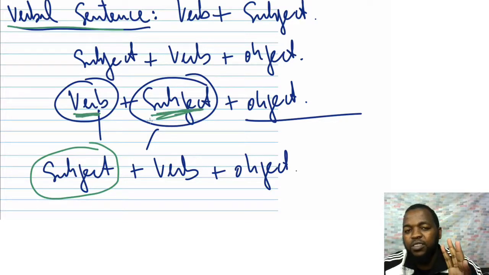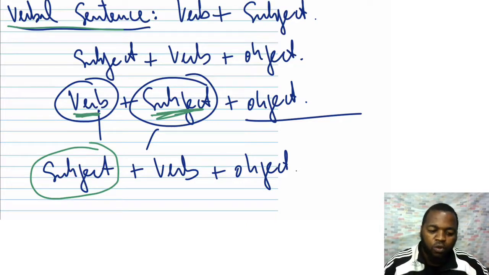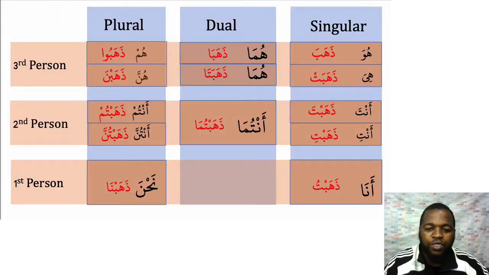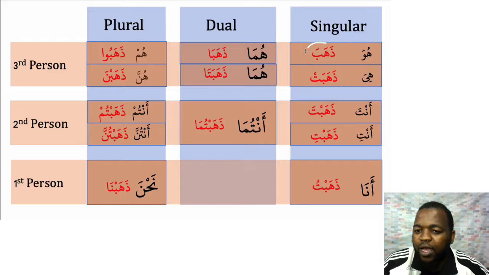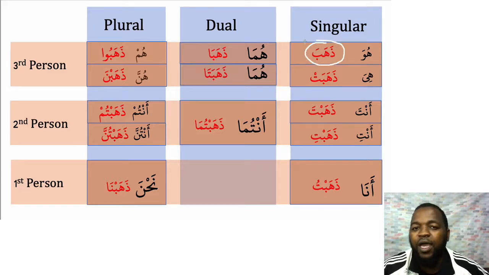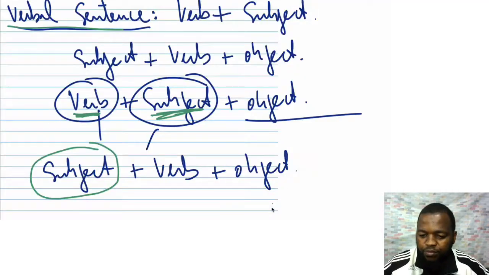When you have a verbal sentence, first you need to be able to identify where is the verb, then where is the subject. All right, so with that in mind, we have here the verb dhahaba. Where is the verb? The verb is dhahaba. Right. So let me write here.